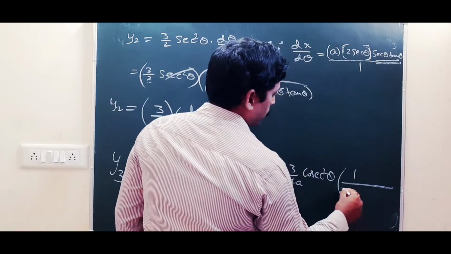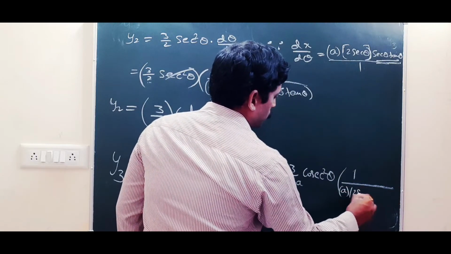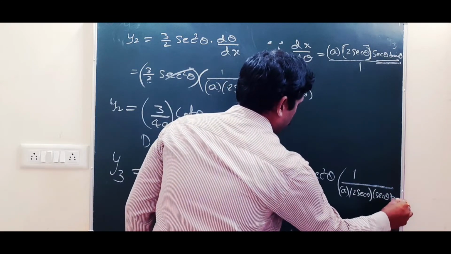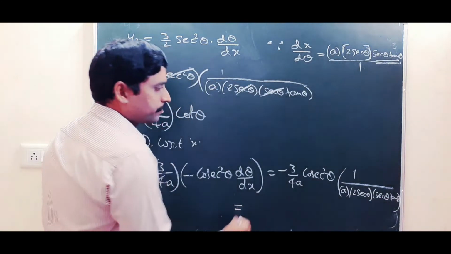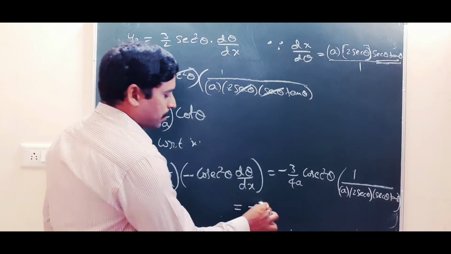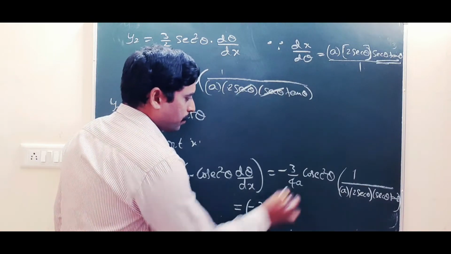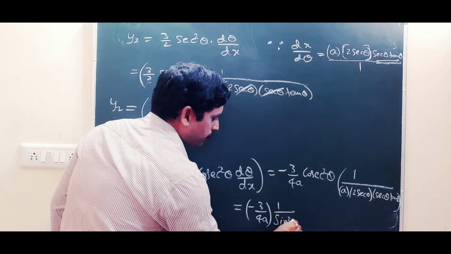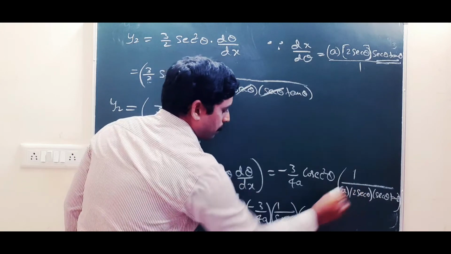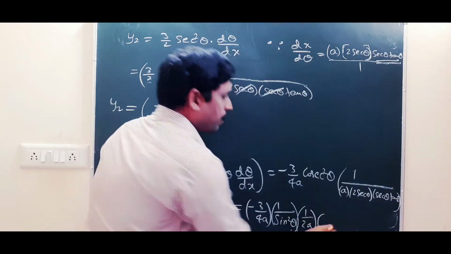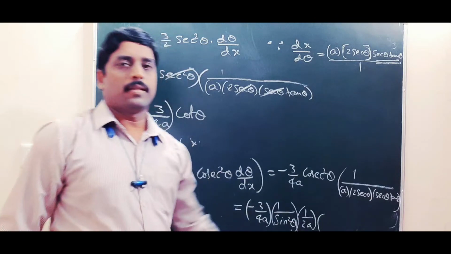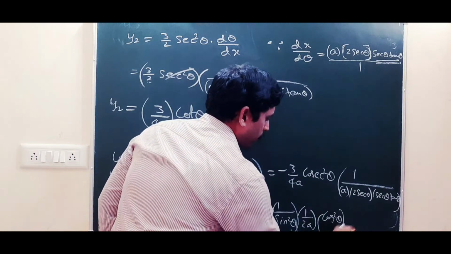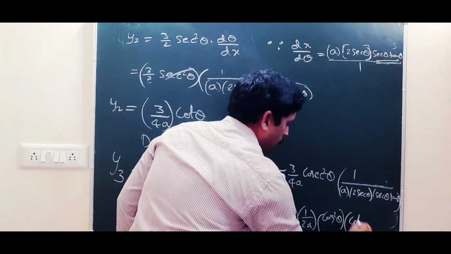That is 1 by a times 2 secant theta into secant theta tan theta. So it will be minus 3 by 4a into cosecant square theta; we have the formula 1 by sin square theta. So 1 by 2a constant, secant theta into secant theta is secant square theta. 1 by secant square theta is nothing but cos square theta. 1 by tan is nothing but cot theta.